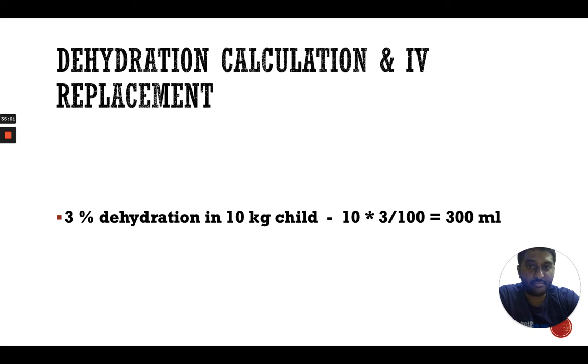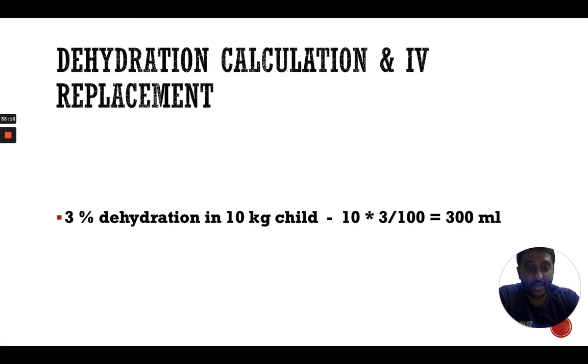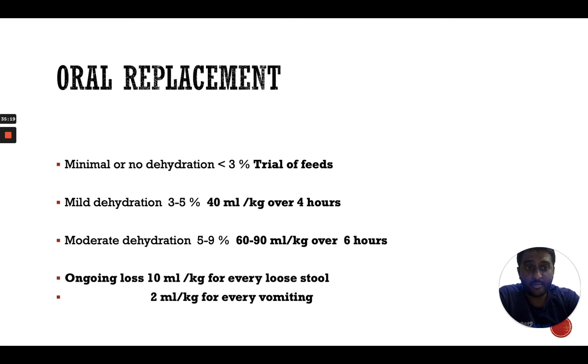You simply multiply 10 times the percentage, and you will get the ml of dehydration volume. So this is the replacement volume you need to give the child, and this is for IV. Okay, you remember that. Then we'll now go to the oral replacement, which is commonly done in the ED.